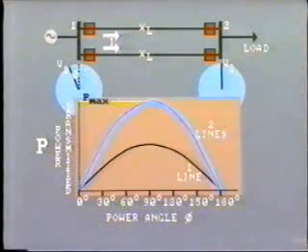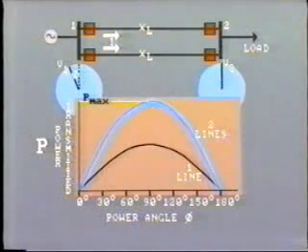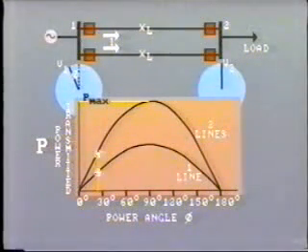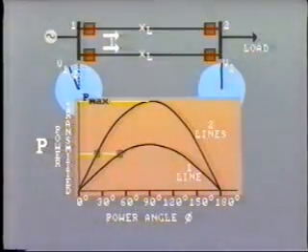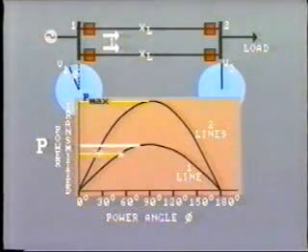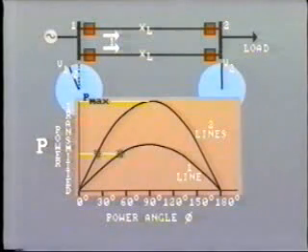A new power angle curve can be drawn to represent this condition. On the curve, we can see that for every power transfer angle, the transfer capability has been doubled. For any particular value of load transfer, the load angle required is much less. Also, for any change in load, the required change in power angle is also much smaller.